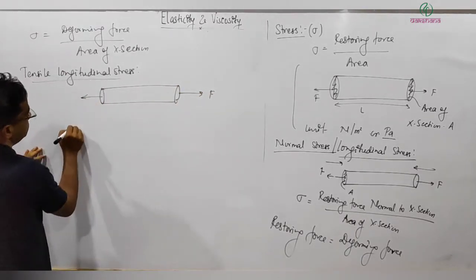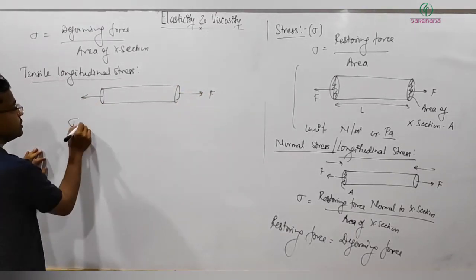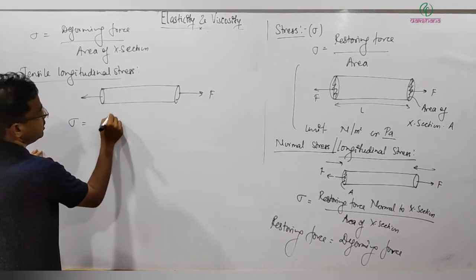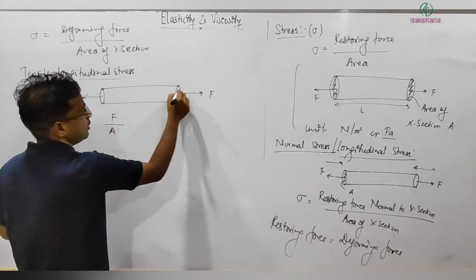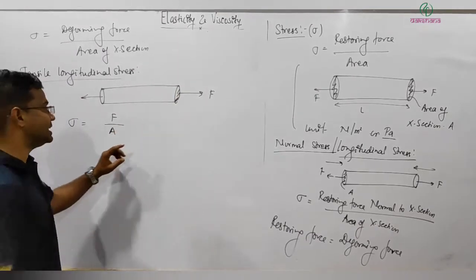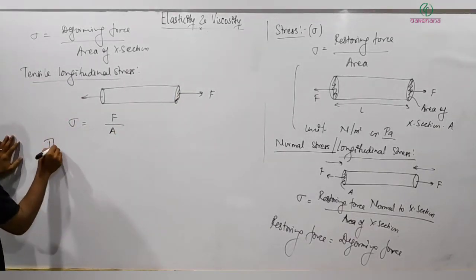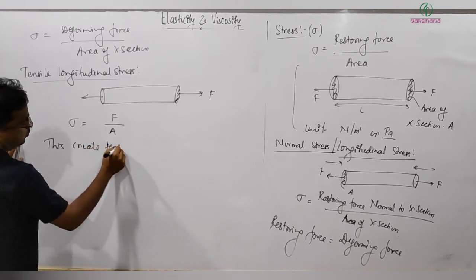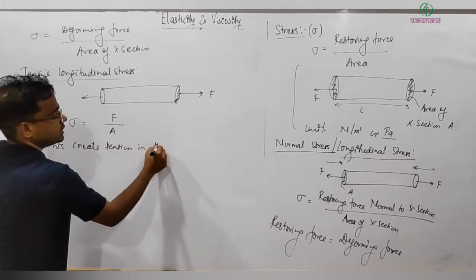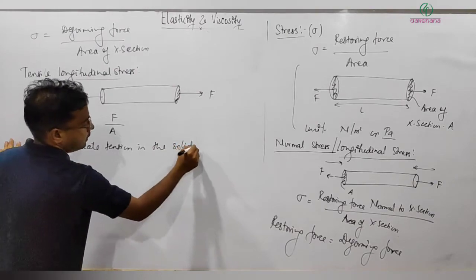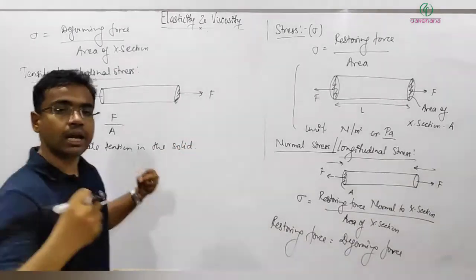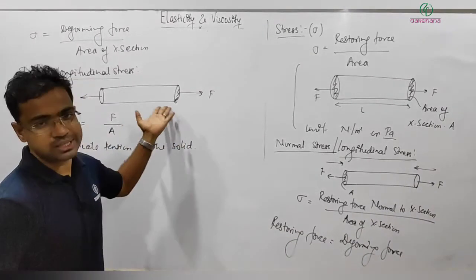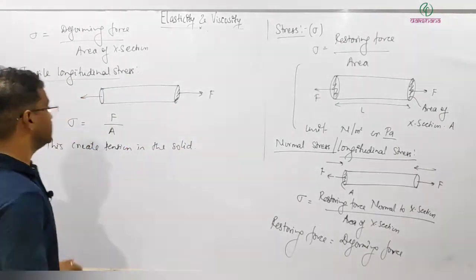Sigma longitudinal, but it's tensile, that will be equal to F divided by area of cross section. So this creates tension in the solid, and it elongates, because that will be the result or effect of this tensile stress.